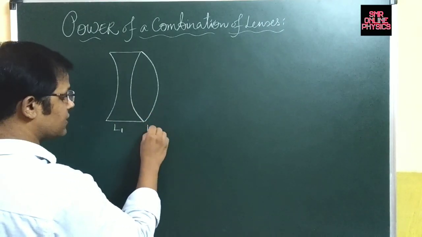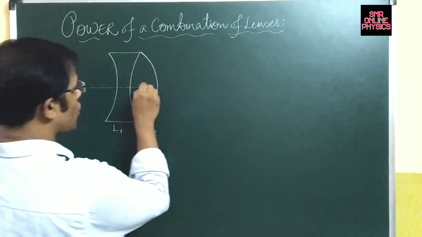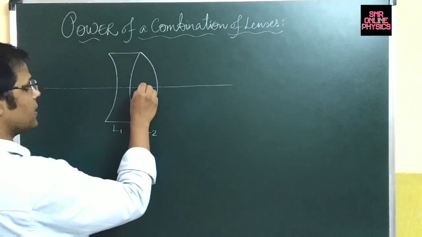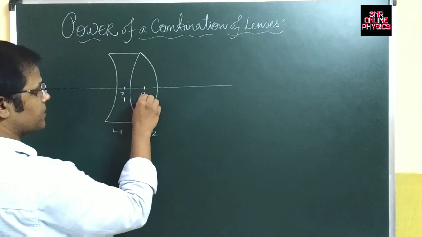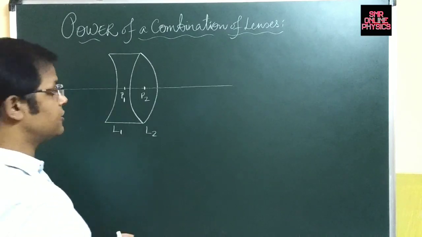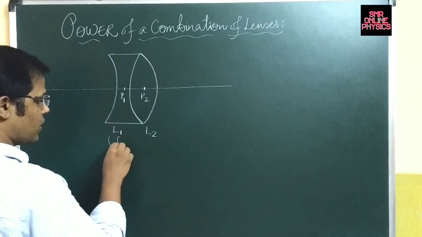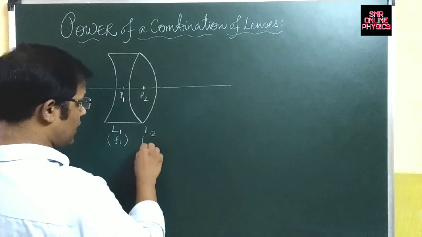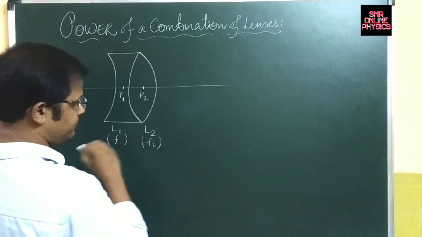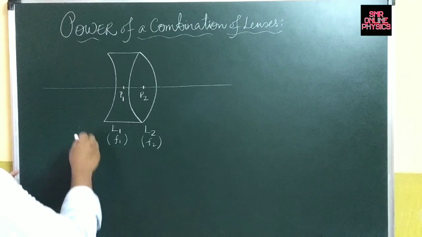Let us call the convex lens L2. This is the common principal axis passing right through their centers. This is my P1, this is my P2, the optical centers of the lenses. And let us say the lens L1 has focal length F1 and lens L2 has focal length F2. As simple. Right.